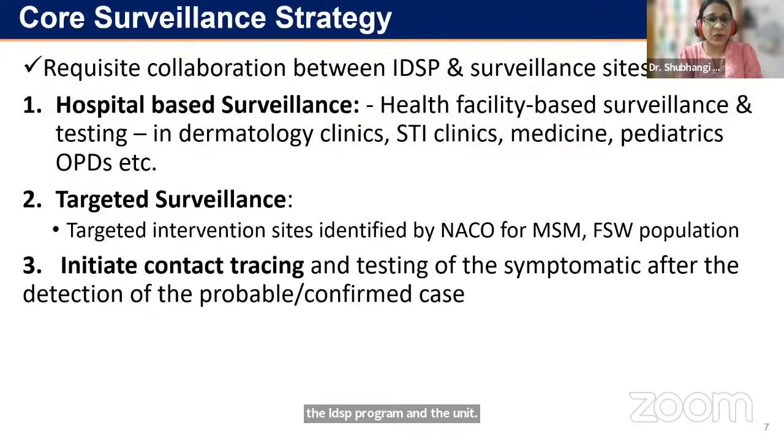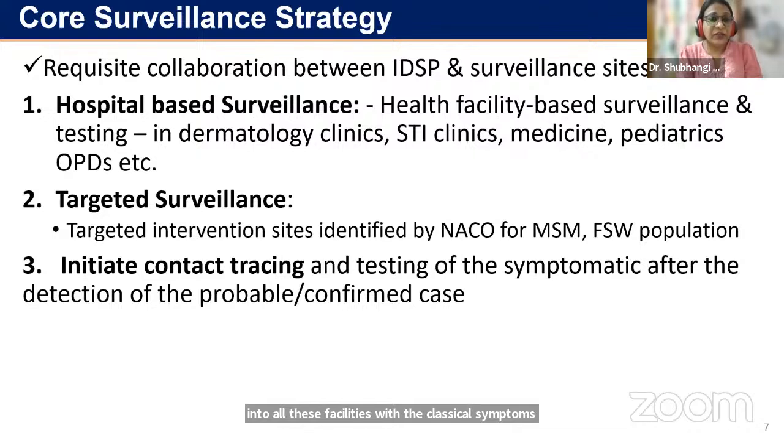One is hospital-based surveillance, in health facilities such as dermatology clinics, STI clinics, and medicine and pediatric OPDs. This will be our primary focus in hospital-based surveillance. Patients walking into these facilities with the classical symptoms of fever with rash and a history of travel will become our suspected cases.